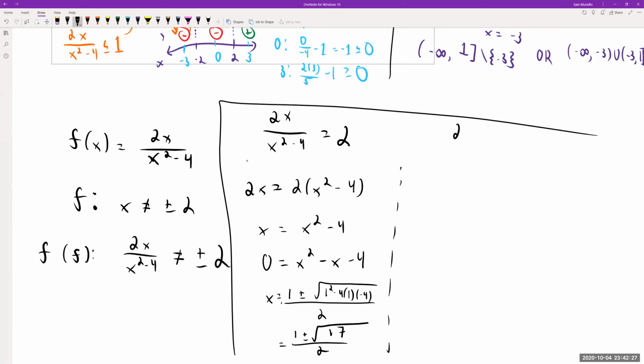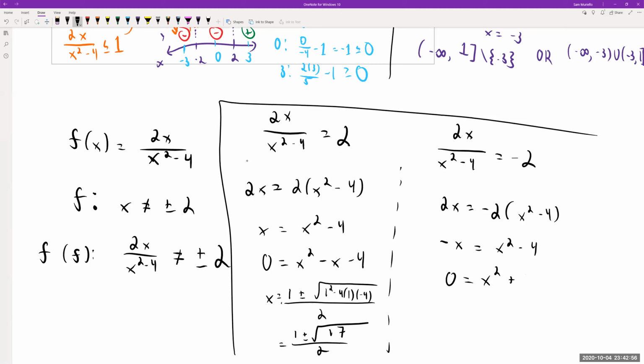And then we would also do the same thing with -2. So we would have 2x is equal to -2 times x squared minus 4, which means -x would be equal to x squared minus 4. 0 is equal to x squared plus x this time, minus 4.